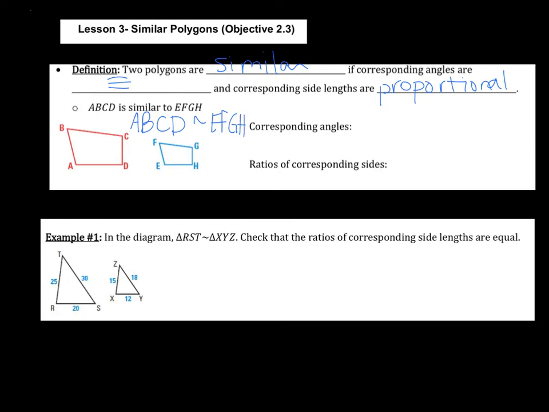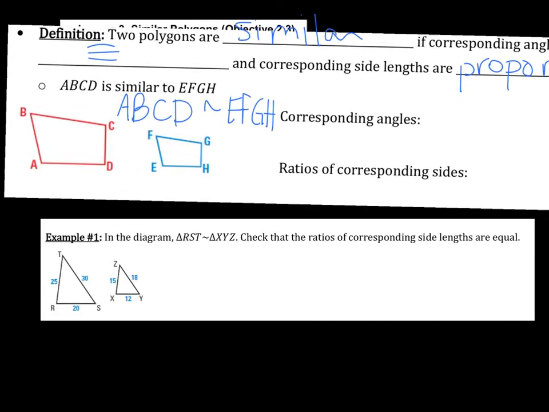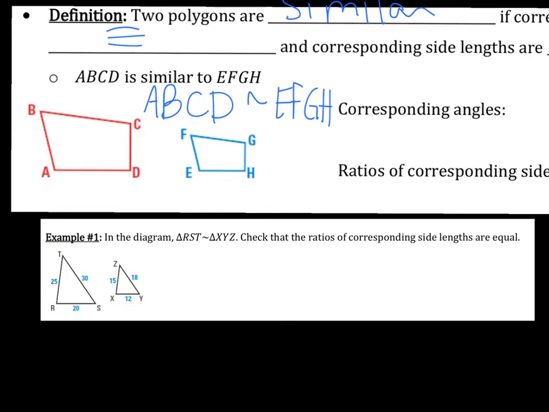I'm going to zoom in a little bit on this so my handwriting doesn't get too wonky on you. We're looking at this polygon in red, and we're looking for the corresponding angles. I'm going to use that similarity statement, and I can see that A is going to be congruent to E. Since they're similar polygons, their corresponding angles are congruent.